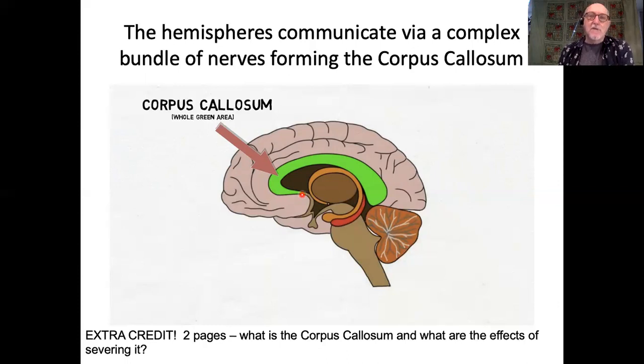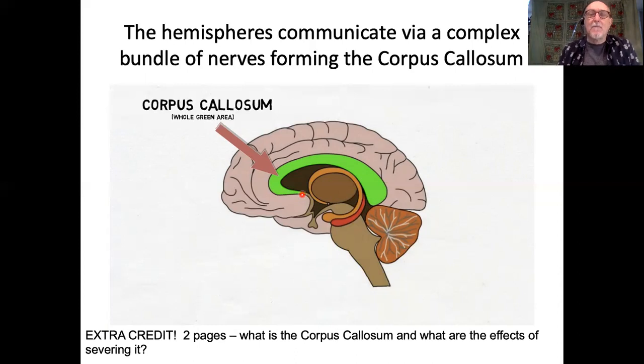In those circumstances, on occasion, they will separate the two hemispheres, because an epileptic seizure is beginning in one part of one hemisphere, and it is being communicated to the whole of the cerebrum, resulting in this recalcitrant epileptic seizure. Under those circumstances, they may surgically sever the corpus callosum. This has very distinct effects.